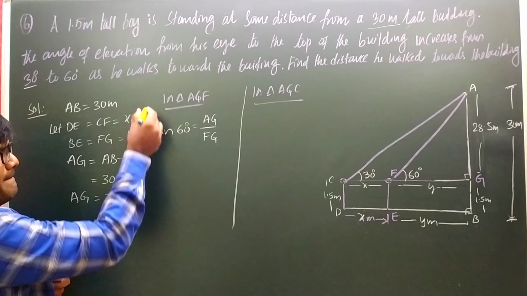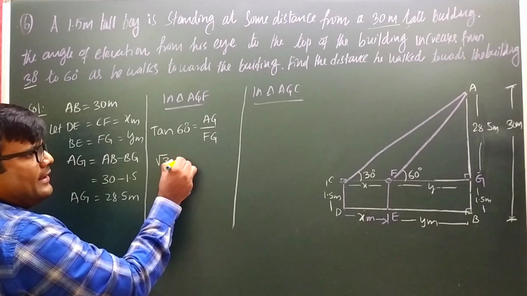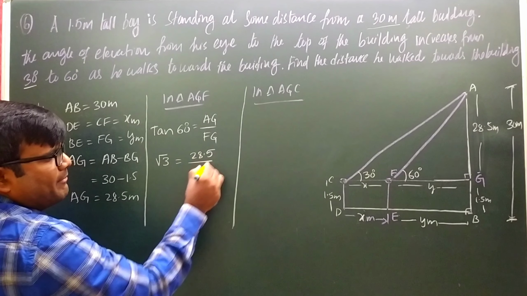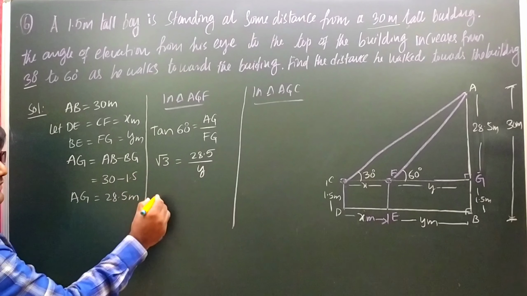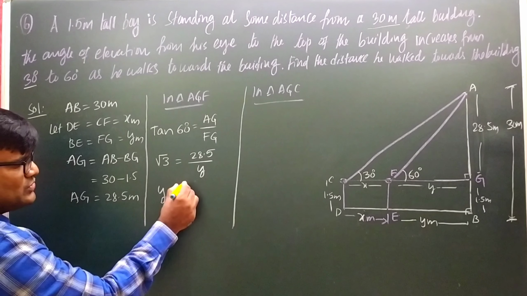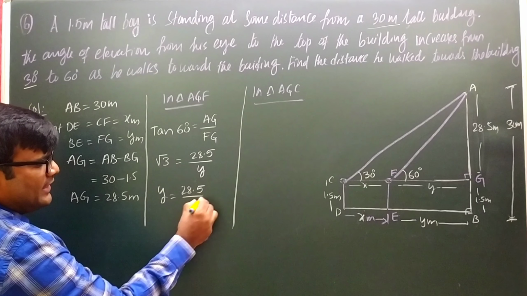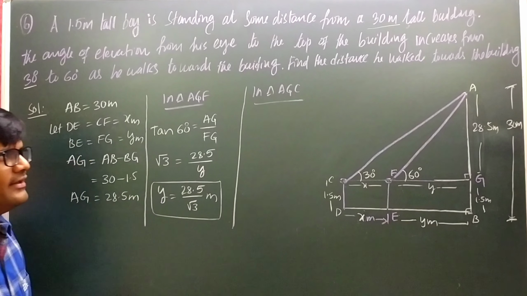Tan 60 value is √3. The length of AG is 28.5, by the length of FG, which is y. Transposing to the left side, you will get y equal to 28.5 by √3 meters. So this is the length of y.